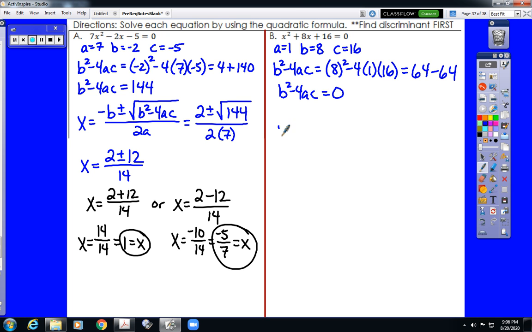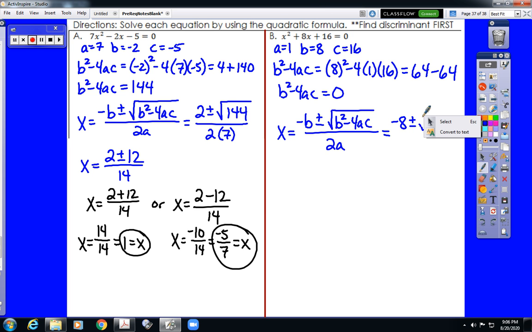We then turn our attention to the quadratic formula, -b plus or minus the square root of that discriminant, b squared minus 4ac, all over 2a. b is 8, so -b is -8, plus or minus the square root of the discriminant, which we just established, is 0.